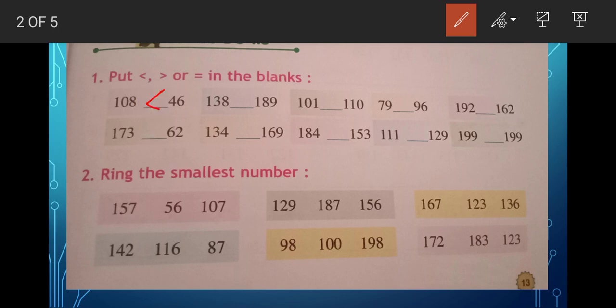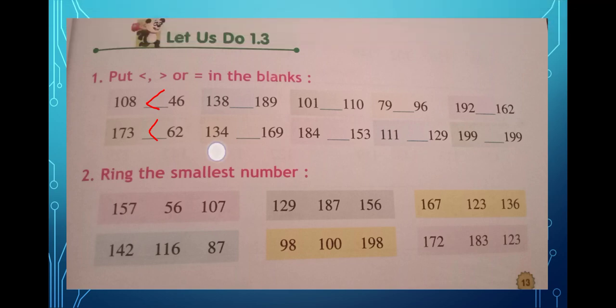Okay, in the same way 173 and 62, here 173 is 3 digit and 62 is 2 digit, so 173 is greater than 62. Now here you see 138 and 189, both are 3 digit numbers, and in the hundreds place both are having 1, so you have to see the tens place.